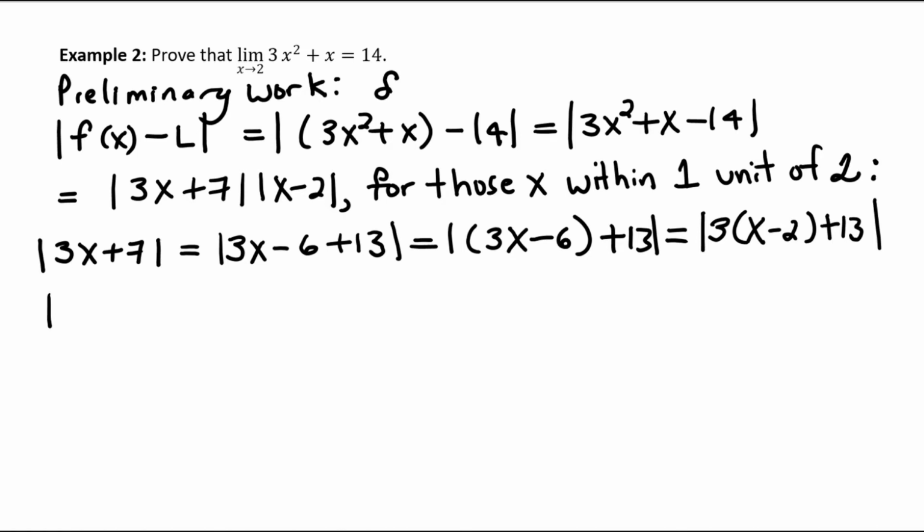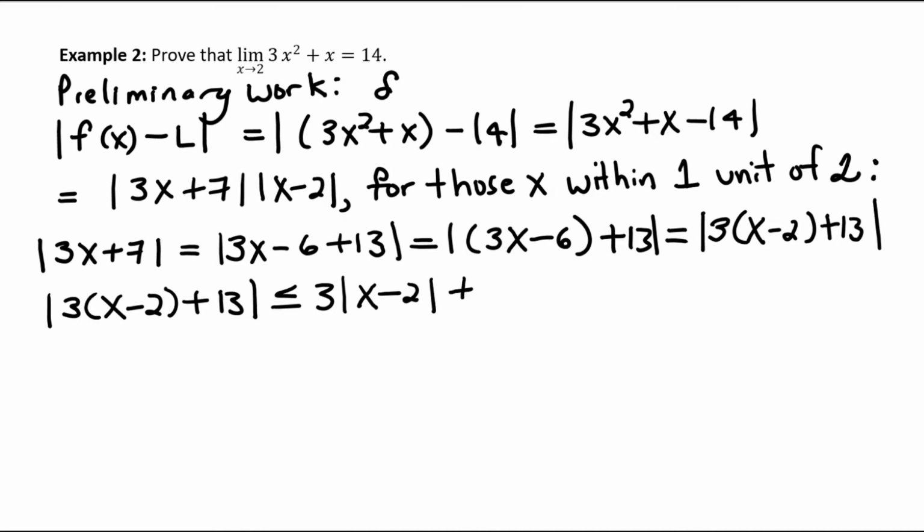The absolute value of 3 times the quantity x minus 2 plus 13, using inequality properties of absolute values, will be equal to or less than 3 times the absolute value of x minus 2 plus 13, and that will be strictly less than 16.